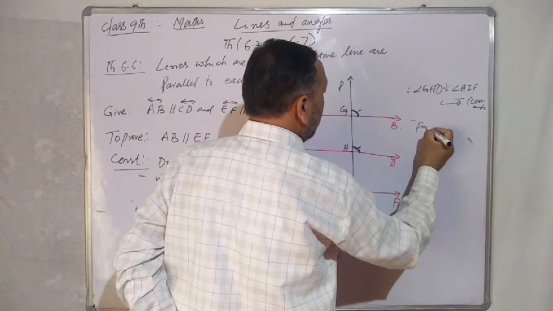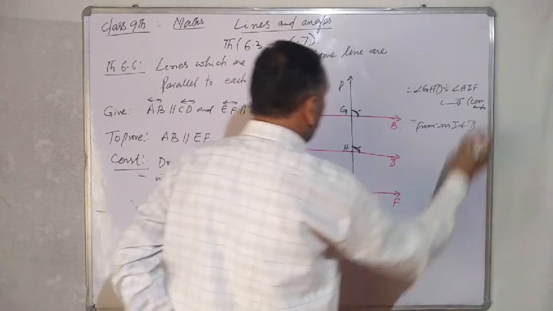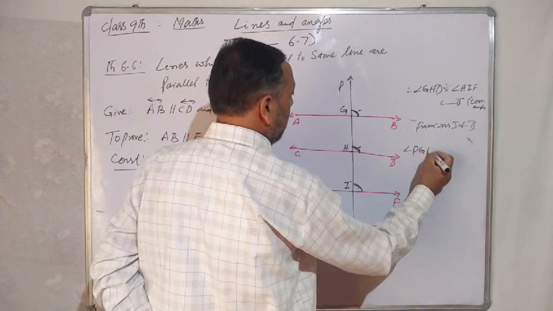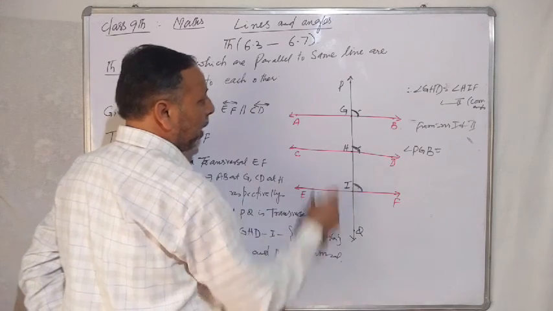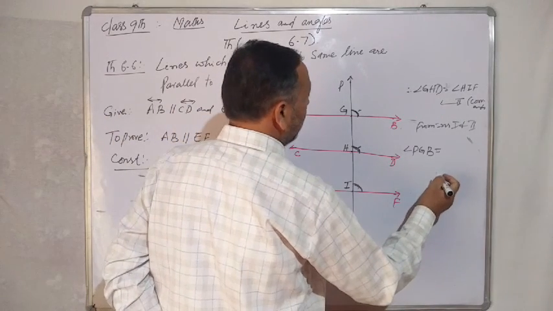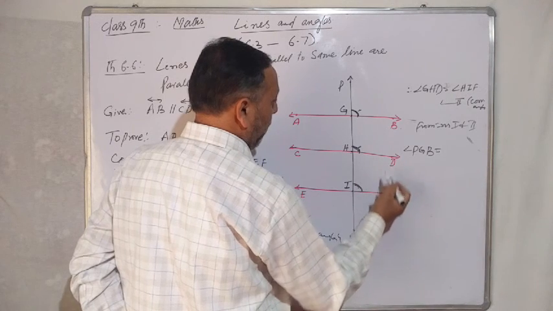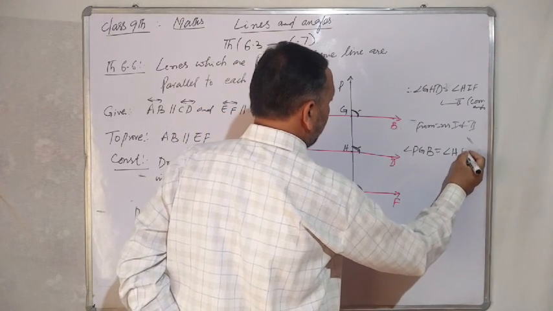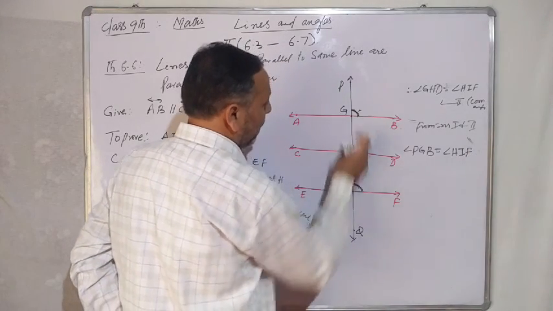Now from equations first and second, we have angle PGB is equal to angle DHI is equal to angle HIF. This angle is equal to this angle, but these are corresponding angles.